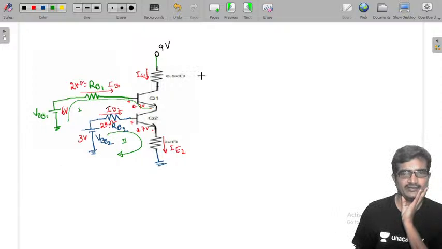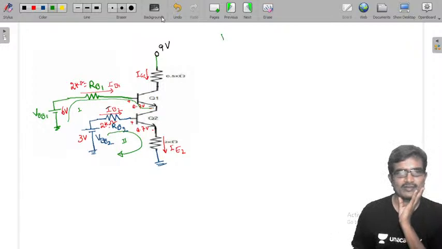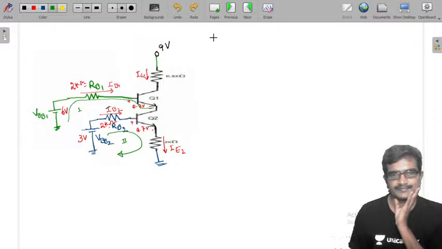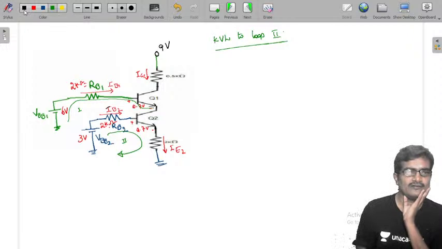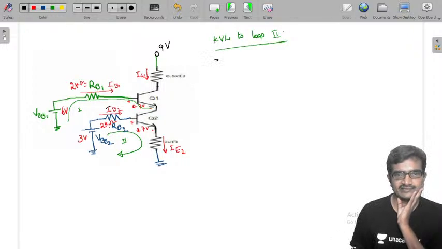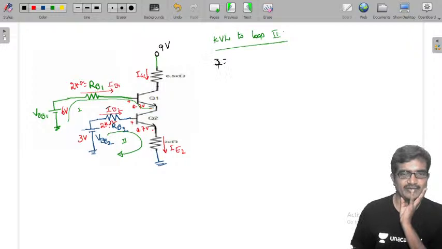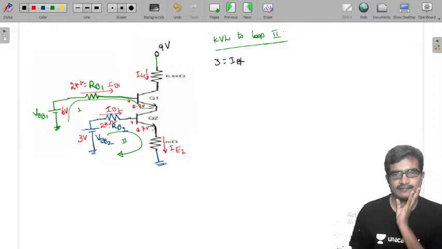Now applying KVL to loop 2: 3 equals IB2 into RB2 plus 0.7 plus IE2 into 2K.